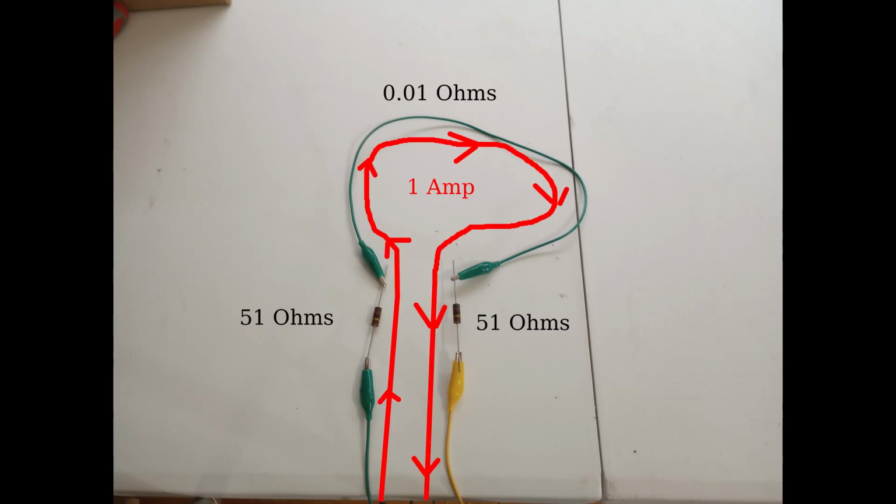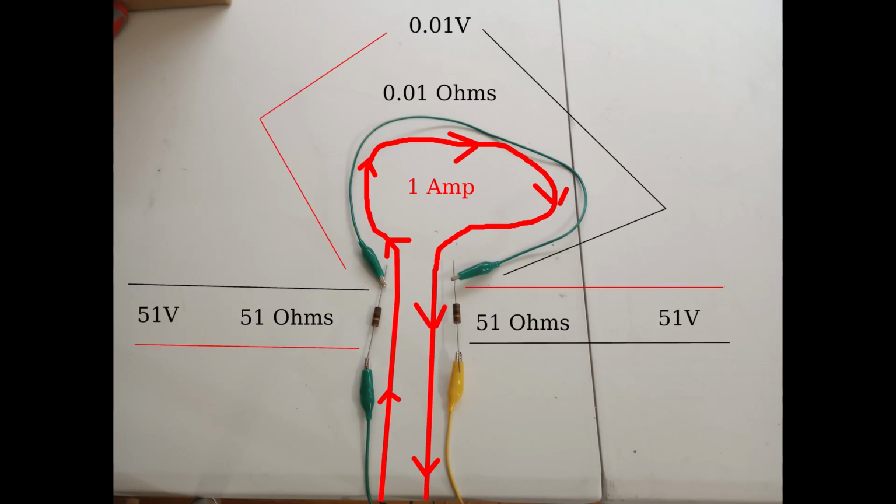To make the math easy, let's just assume that we force 1 amp of current to flow through this circuit. Using Ohm's law, we can work out the voltage that will be across each one of these three parts. We can add up the three voltages to get 102.01 volts, like this.